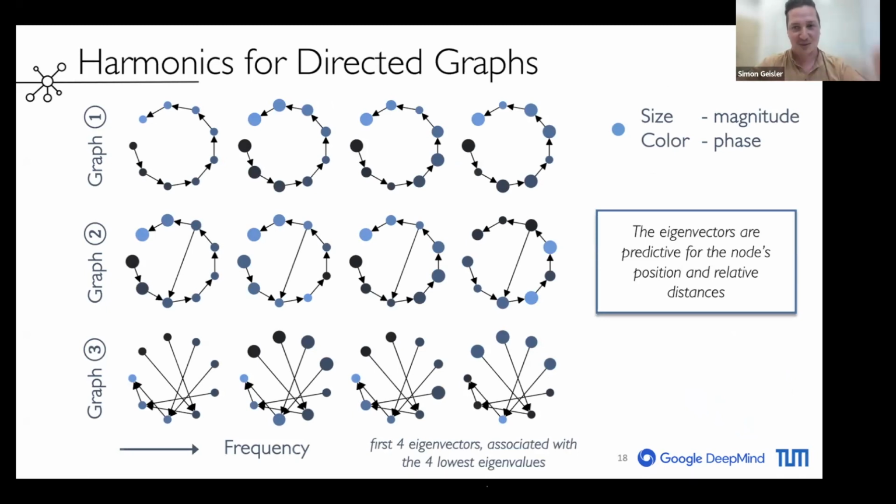The main point was we want to obtain something that's actually general. So here we have 3 different graphs just to illustrate this a little bit. For the sequence, the first one is what we've already seen. Here I have to say the size of those nodes encodes the magnitude and the color, the phase. I've normalized away the absolute value ranges just to give some qualitative insight, but I guess that should suffice.